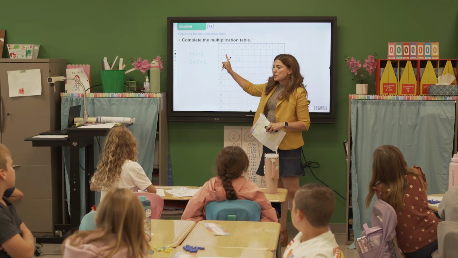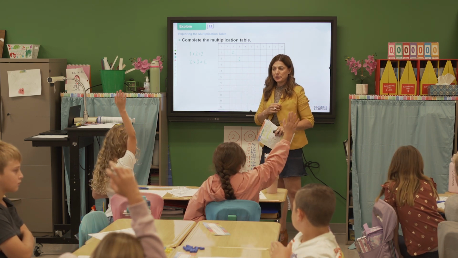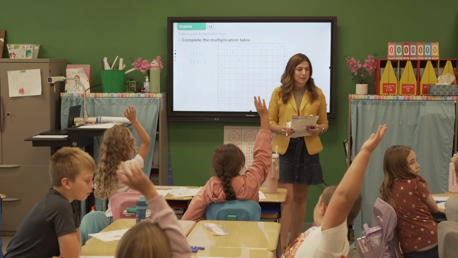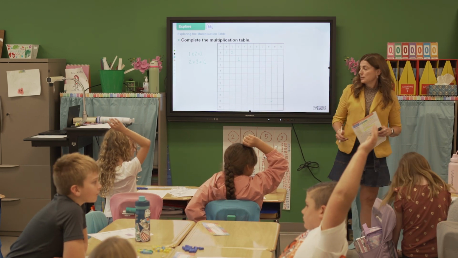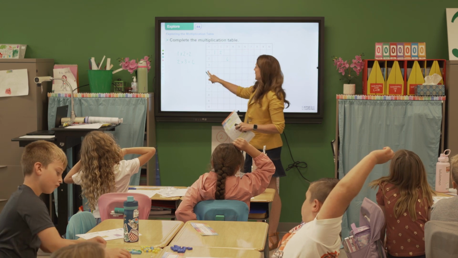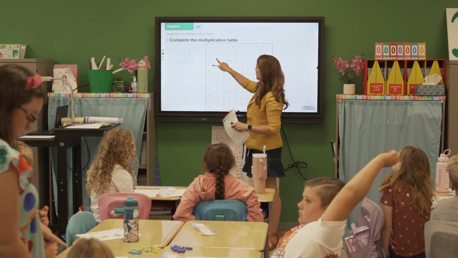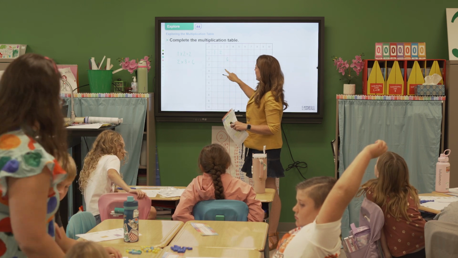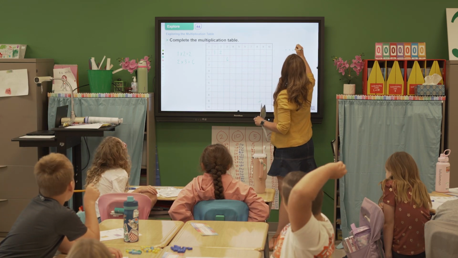Okay, guys, so who built an array that they would like to share with us? Okay, what did you build? We did 4 rows and 4 columns. Okay, so he did 4 rows and he did 4 columns. So if we were going to fill that in, 4 rows, 4 columns, that would look like this. 1, 2, 3, 4.